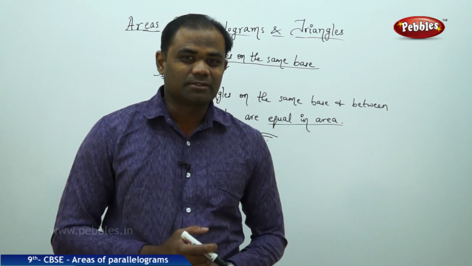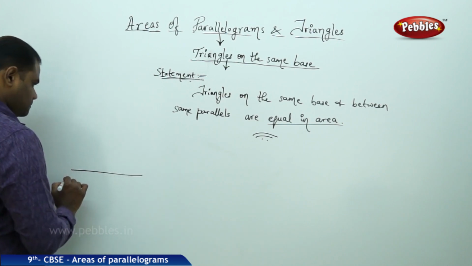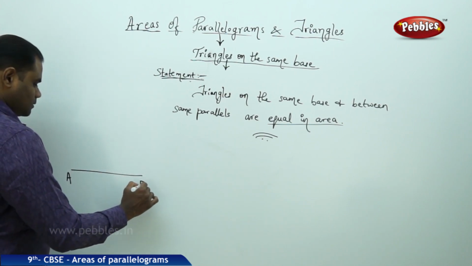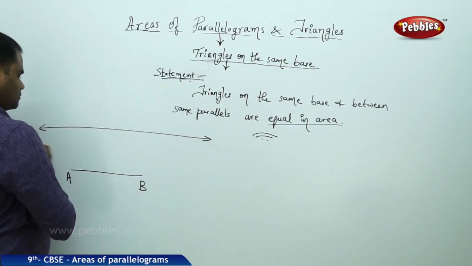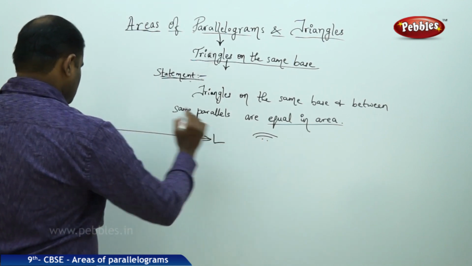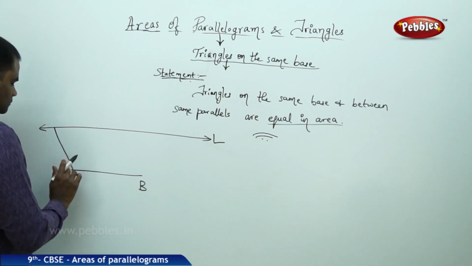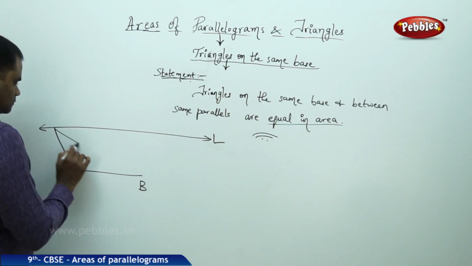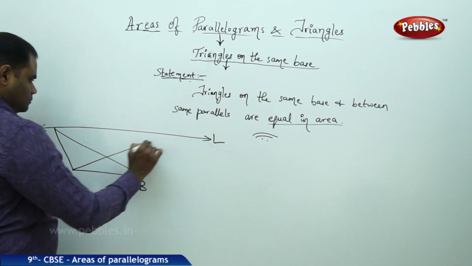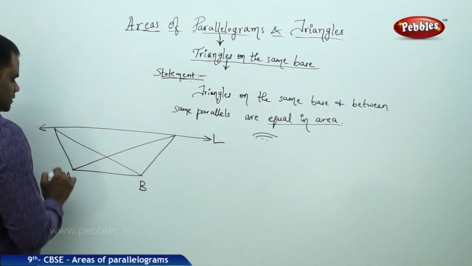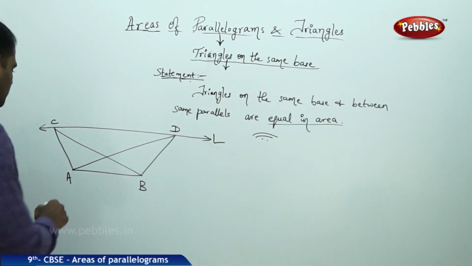So when I take two triangles on the same base and between the same parallels, just like this, A, B, this is the line L, and I have a triangle like this, then the two triangles must have equal areas.